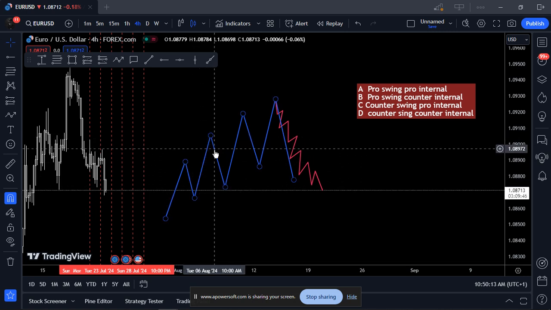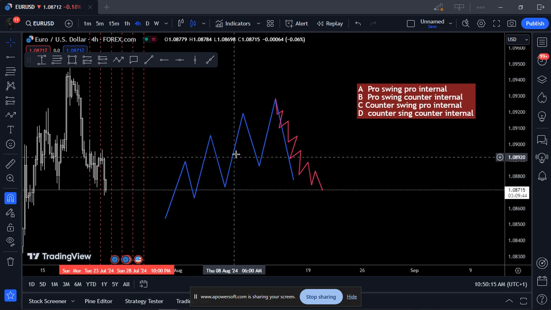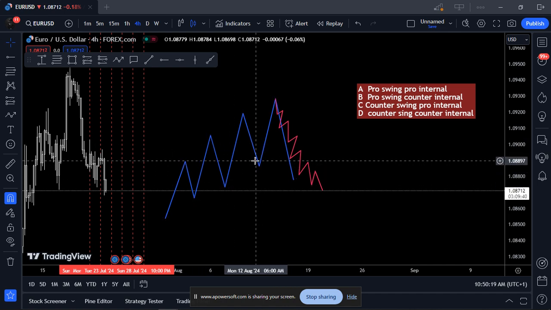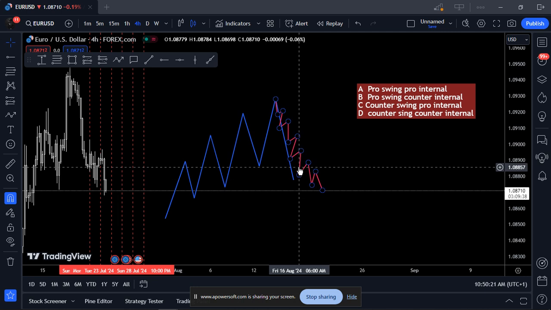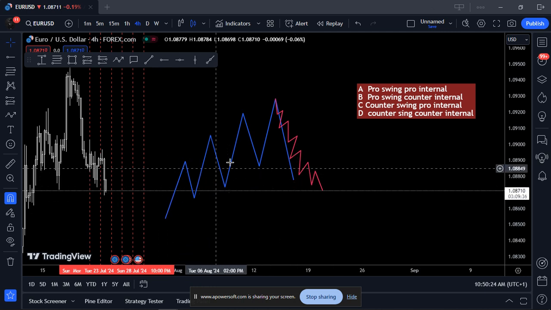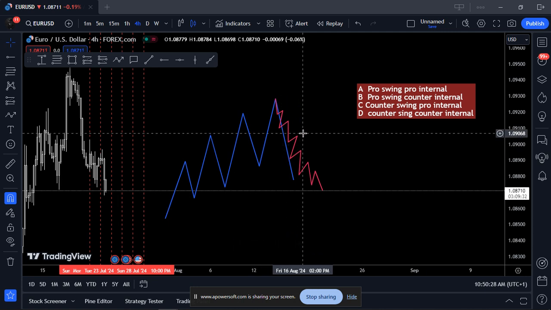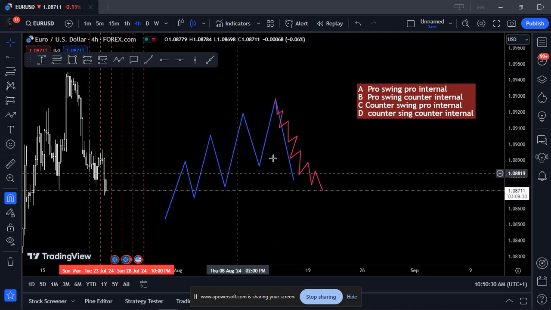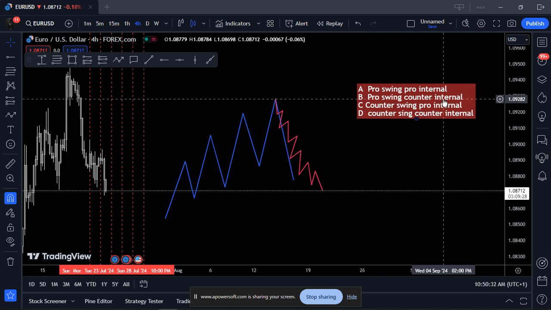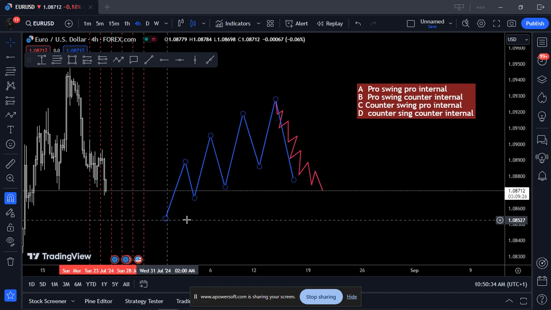This move here will be a lower time frame downtrend, a lower time frame uptrend, lower time frame downtrend. So pro swing pro internal is when price is moving in the direction of the higher time frame and the direction of the lower time frame.